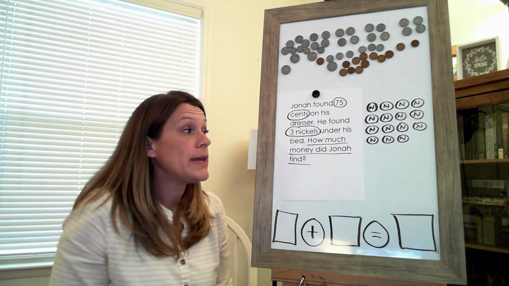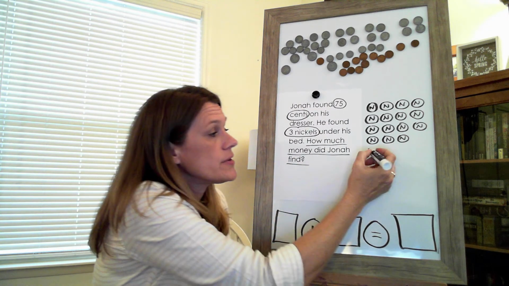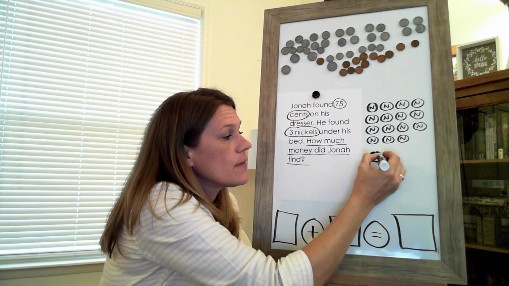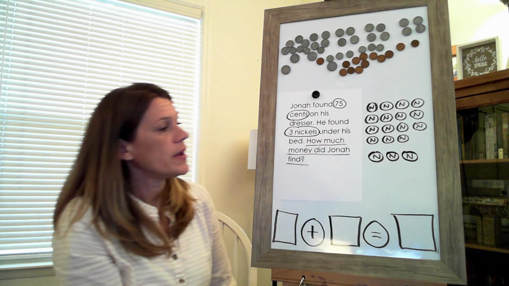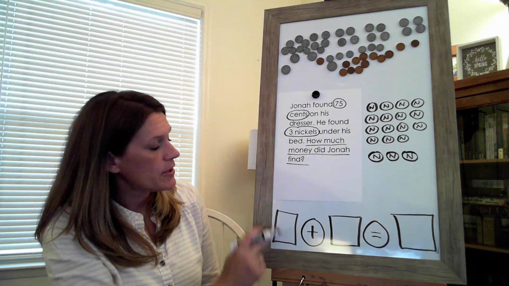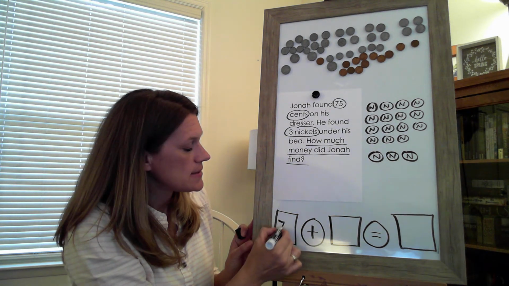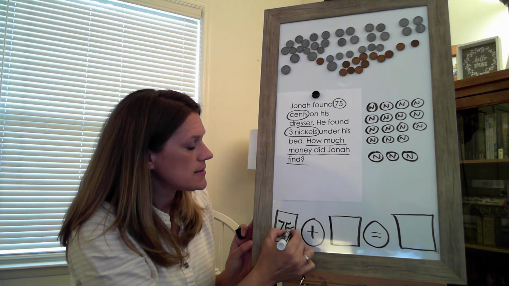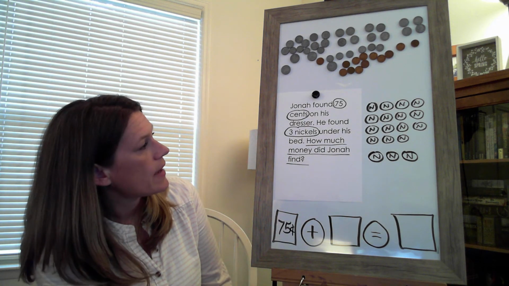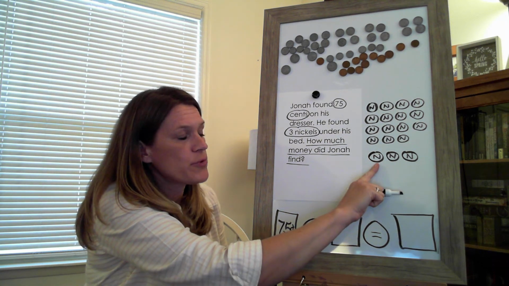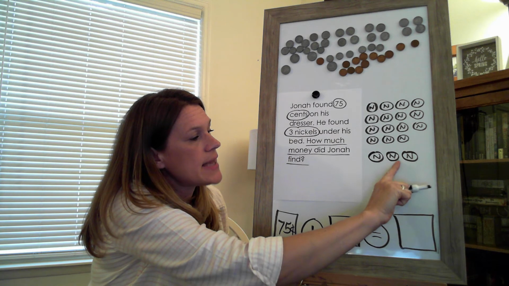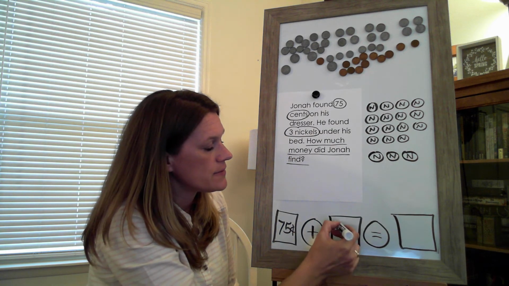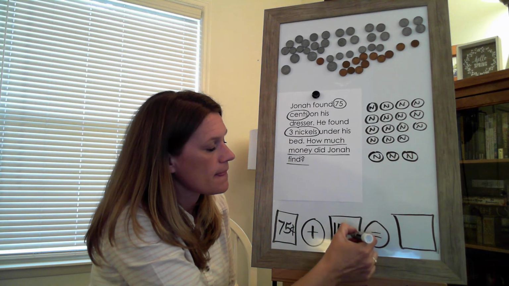Now we need the 3 nickels that he found under his bed. 1, 2, 3. All right, so I'm going to fill in that amount here. 75 cents he found on his dresser. And then I have my 3 nickels here. How much money is that? Let's count by 5s. 5, 10, 15. That's 15 cents.